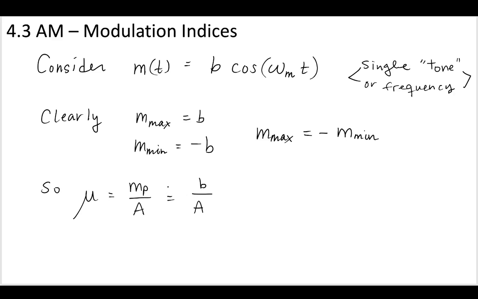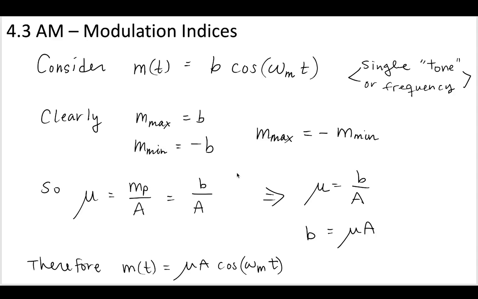In this case, our M max is equal to B. So our modulation index mu is going to be equal to B over A. Therefore, B could be rearranged to be equal to mu, the index, times A. So we could rewrite this so that our amplitude is changed to being the index multiplied by A, and we can bring it up here. So we'll rewrite our amplitude of the message as mu times A.